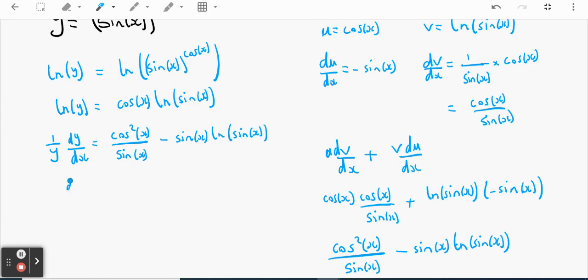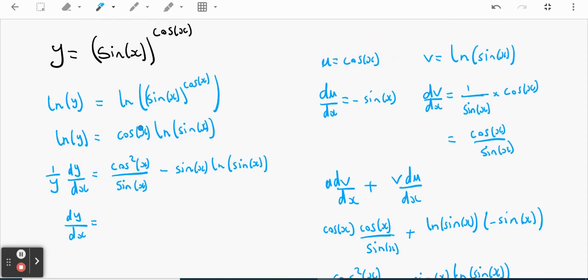Okay, and then dy/dx is equal to y times all of this. But remember, y was equal to sine x to the power of cos x. I'm just going to write that in straight away.